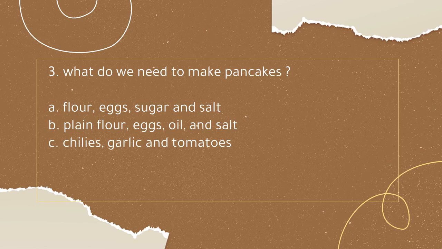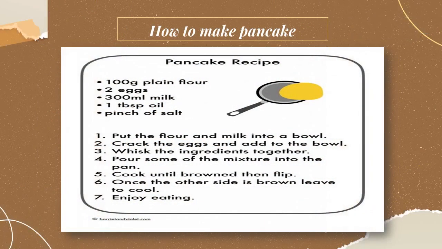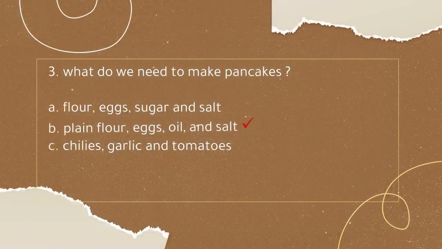A, B, or C? Now, look again at this picture. Yes, to make pancakes, we need plain flour, 2 eggs, 300 milk, 1 oil, and a pinch of salt. It is B. Plain flour, eggs, oil, and salt.